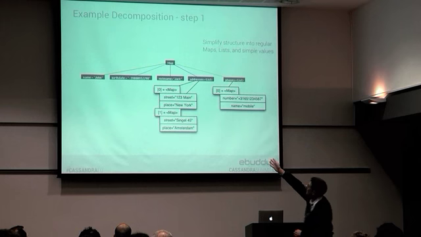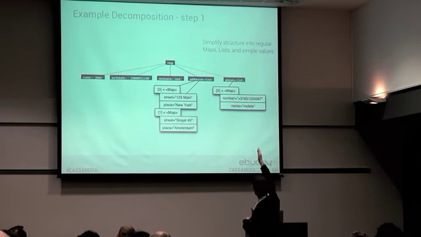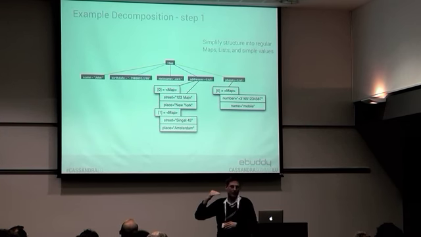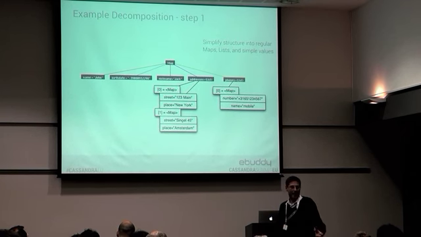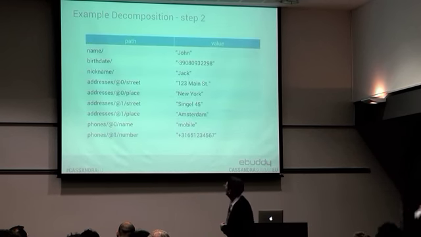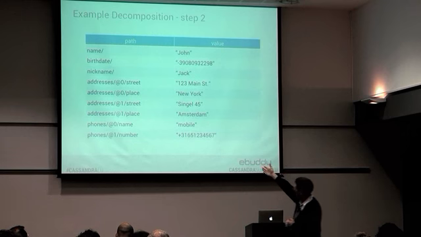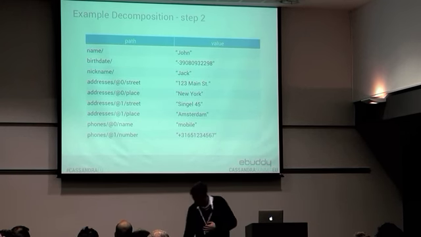So you get a map: name John, birth date, nickname, a list of addresses, and a list of phone numbers. The addresses are also broken down into a list of maps. So objects become maps, and collections become lists. Then it creates a map of paths mapping to simple objects like strings and numbers.